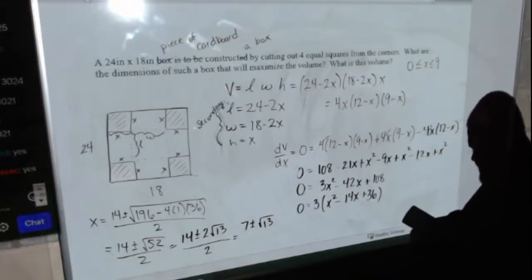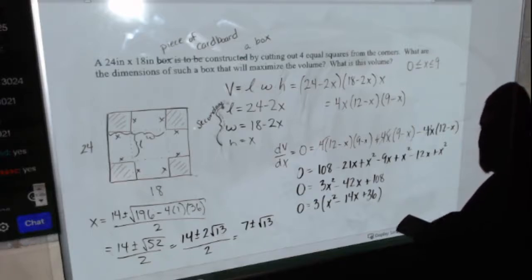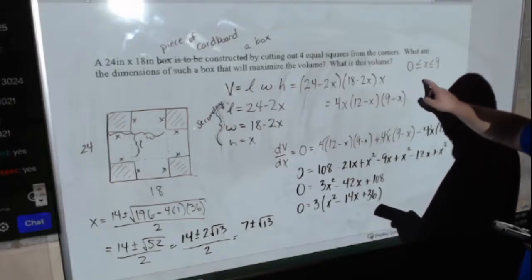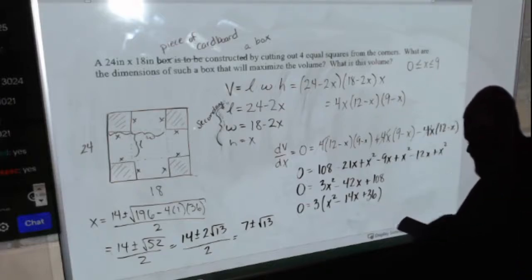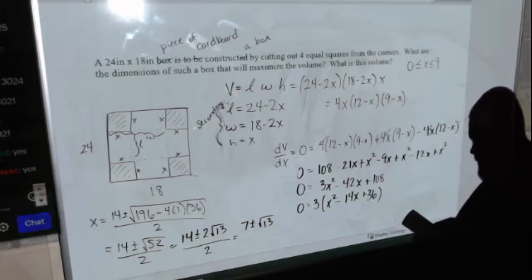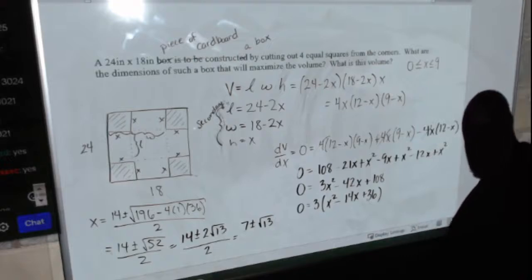So let's see what square root of 13 is. It's 3.6. So the plus square root of 13 doesn't fit within our logical domain. That would be 10.6. So only the 7 minus works.